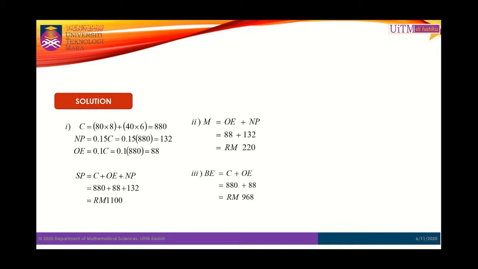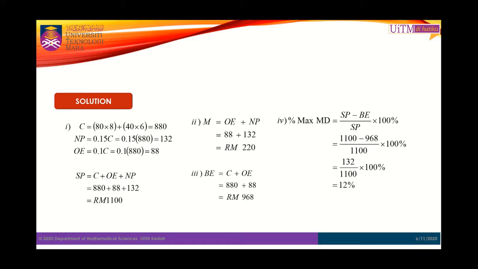This is given by the cost plus the operating expenses. Adding 880 cost plus the 88 ringgit operating expenses, you get the break-even price to be 968.